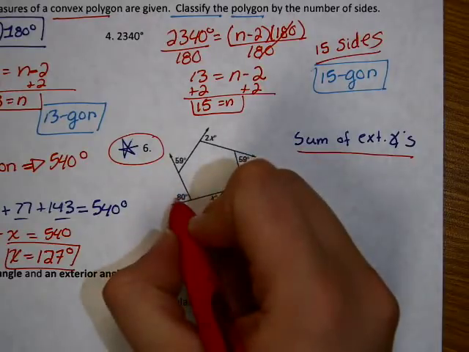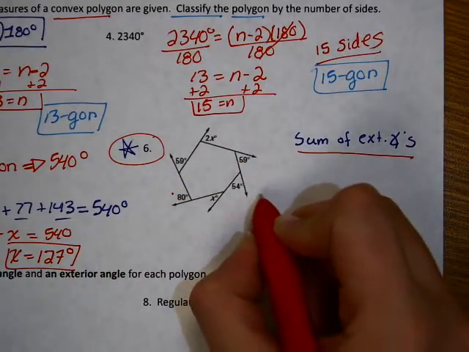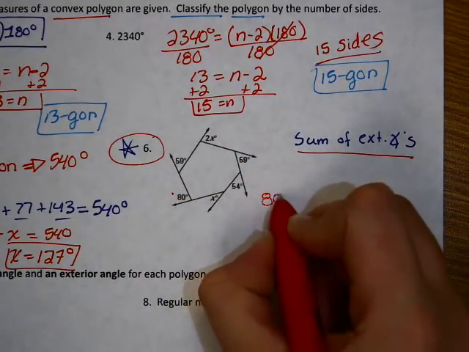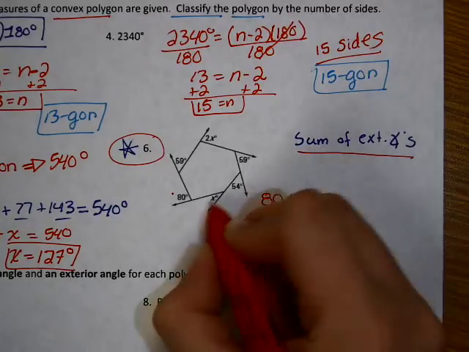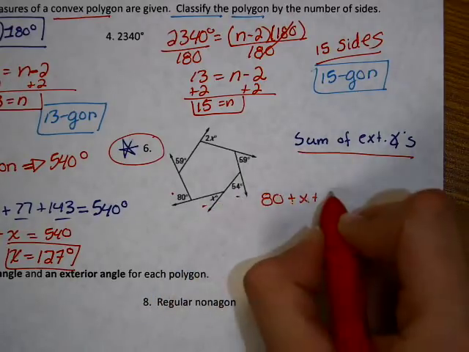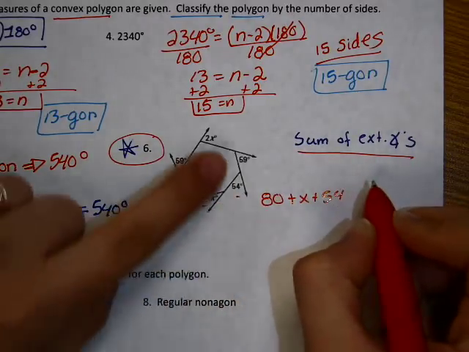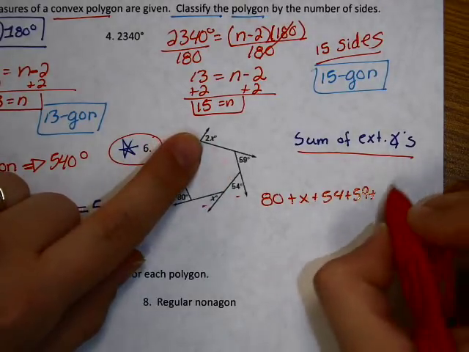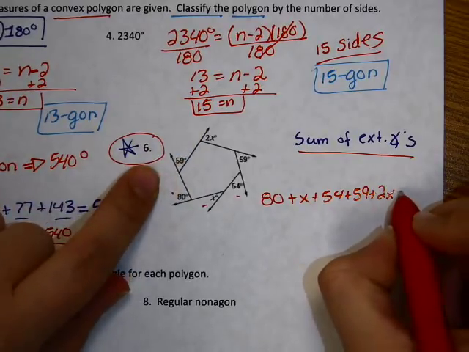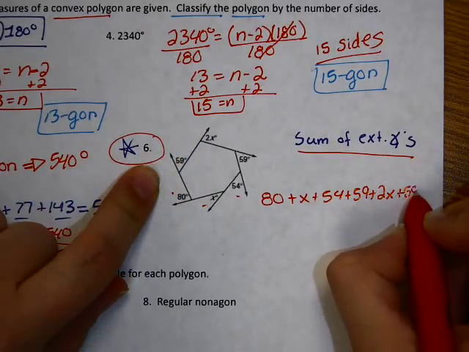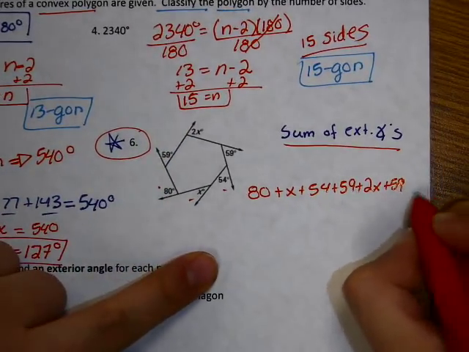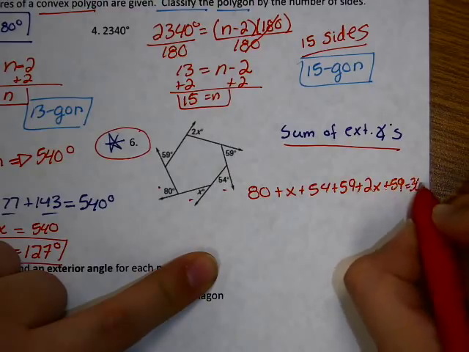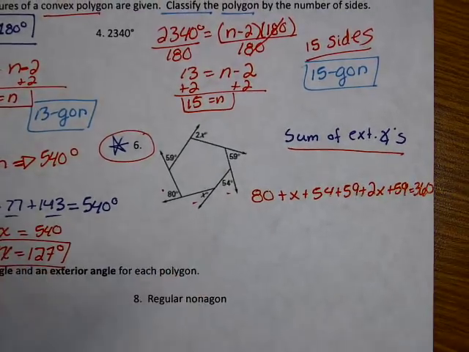So we'll start at 80. I'll take 80 plus x plus 54 plus 59 plus 2x plus 59 and set it equal to 360.